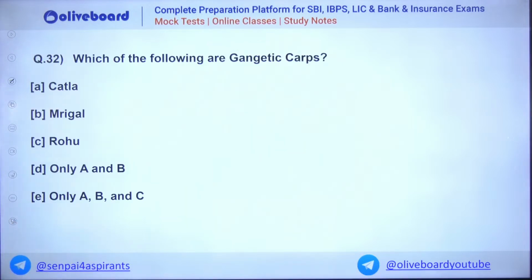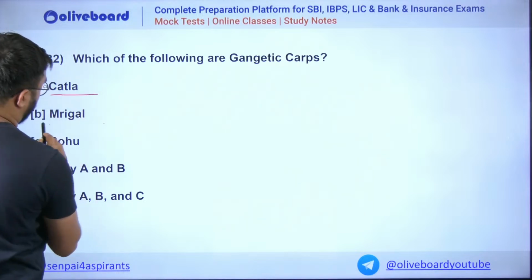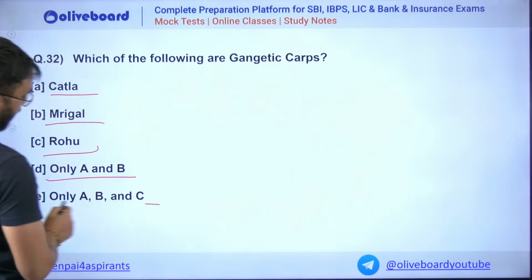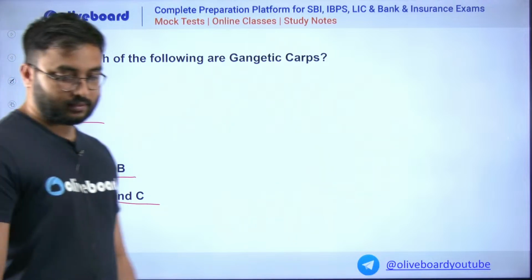Which of the following are Gangetic carps? Katla, Mrigal, Rohu, only AB and only ABC.